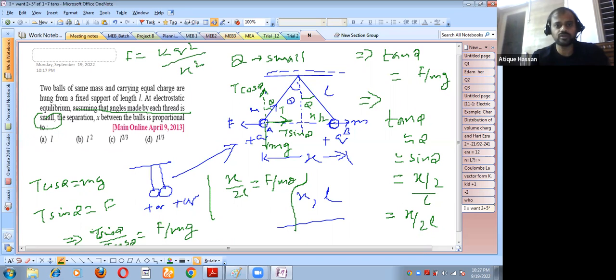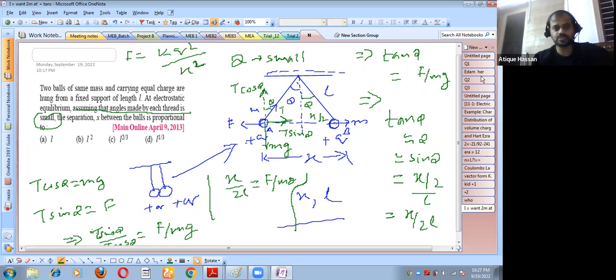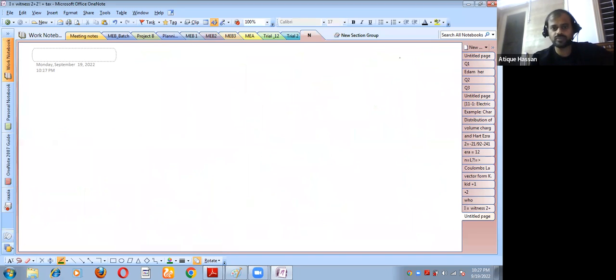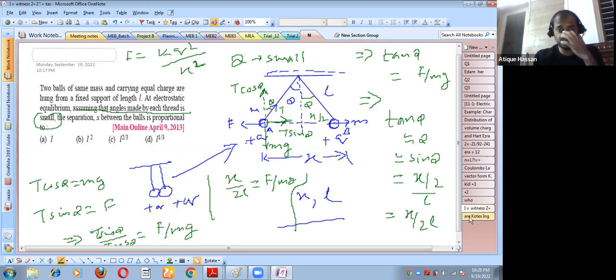Getting my point or not? So F will be k q square by x square. So it will be like this: x upon 2l will be k q square by x square into 1 by mg. It was F by mg, so it will be like this.